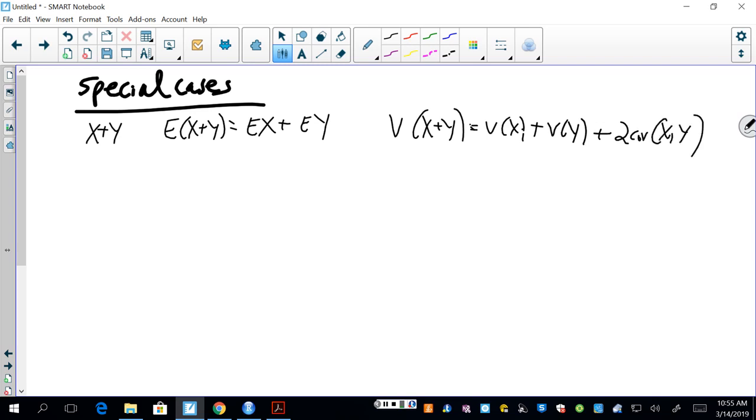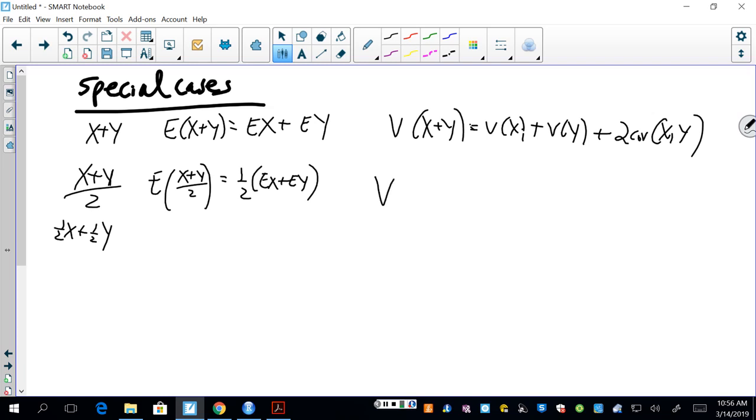The other thing we might do is take an average. We average two things together, what happens? Well, the expectation of x plus y over 2, that 1/2 in there, this is like having 1/2 times x plus 1/2 times y. So it's like having two variables with the multipliers a1 and a2 both 1/2, right? So this ends up just being 1/2 the expectation of x plus the expectation of y.